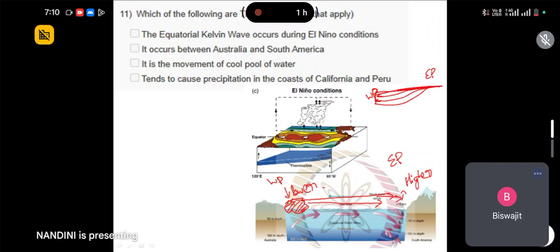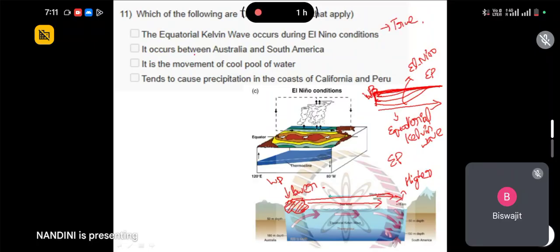After some time we don't have this sea surface height difference; now we have equal height. So the water starts to flow back from the Western Pacific to the Eastern Pacific. This reversal is when El Nino happens, and this reversal of flow from west to east is known as the equatorial Kelvin wave. So this is true.